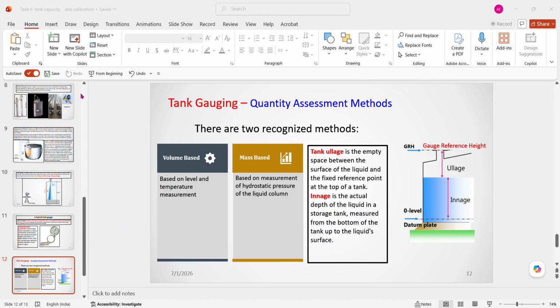A small displacer, this one is called the displacer, is suspended on a measuring wire. This is the measuring wire. It is lowered into the liquid by the servo motor. When the displacer touches the liquid, there is a tension due to its own weight. When it touches the liquid, its apparent weight decreases, because the liquid gives some buoyancy force.